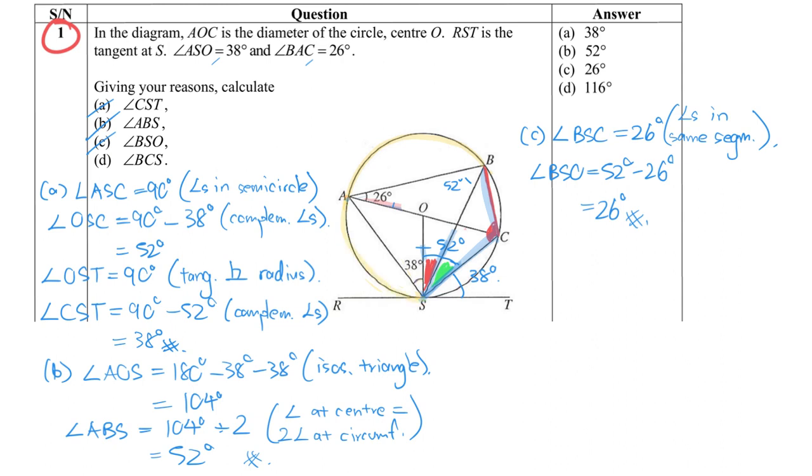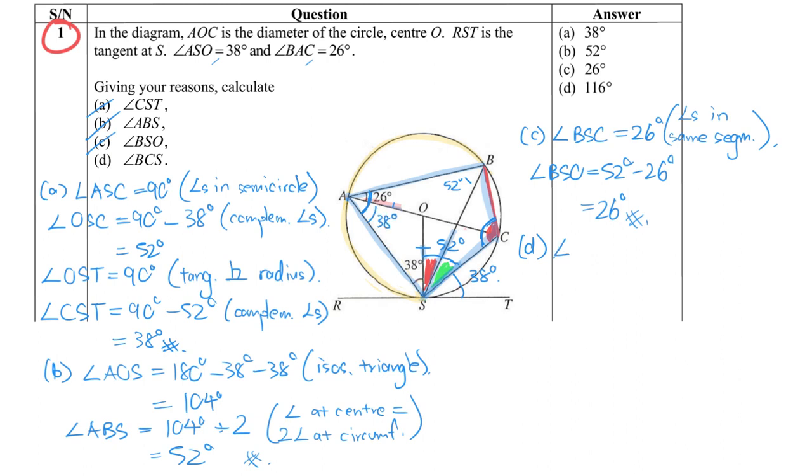Where else does it go to? Don't know if you can spot it. It also goes to point A. So what figure and which property is this? Yes, angles in the opposite segment add up to 180. So isosceles triangle means it's 38, right?